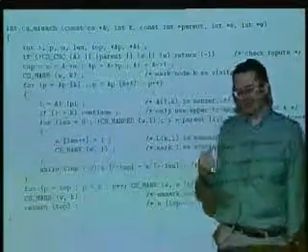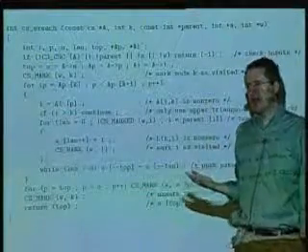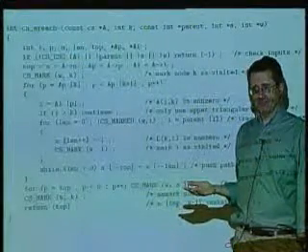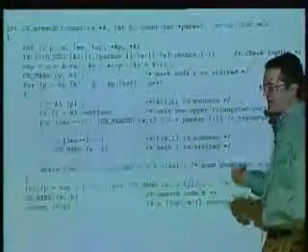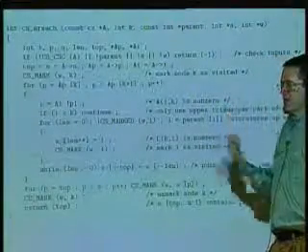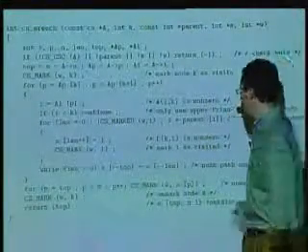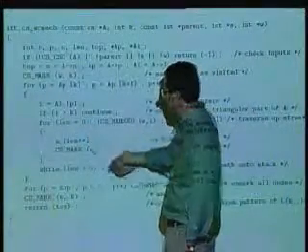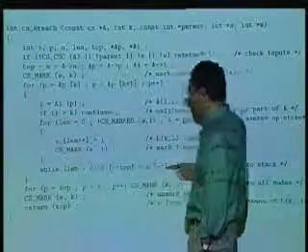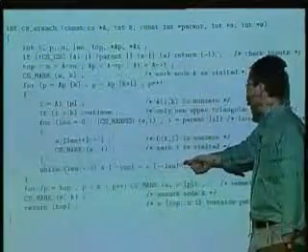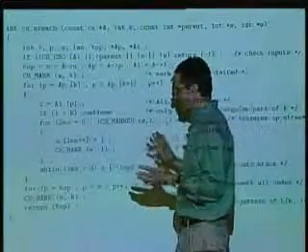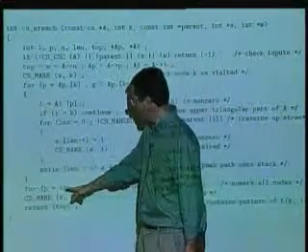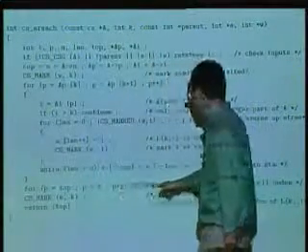Now, if you didn't care about the topological order, if you just said, what's the non-zero pattern of the kth row of L in any order, I don't care what it is, then you wouldn't need this. You would just keep incrementing length, say you'd put it at the front of an array S, and you wouldn't decrement it down to 0 here. In other words, if you were to delete this line of code, then the list of entries would just be stuck at the front of this S array, and you'd have to change this loop to iterate from 0 to length instead of top to n to unmark the nodes.